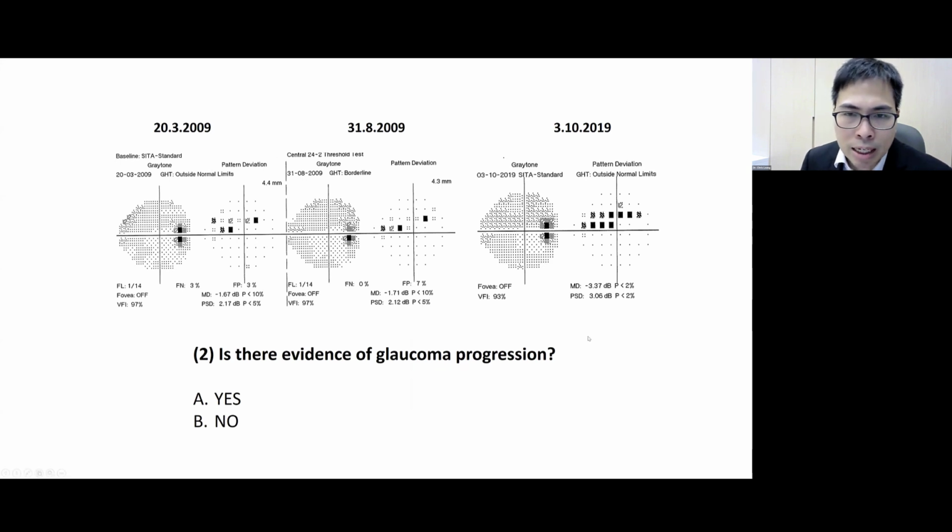77% of you would say this is progression because you see this pattern deviation plot from 2009 to 2019. You see actually an increase in abnormalities in these abnormal points in the visual field. But we just don't yet have enough evidence because eyeballs, as I said, are not trustworthy.